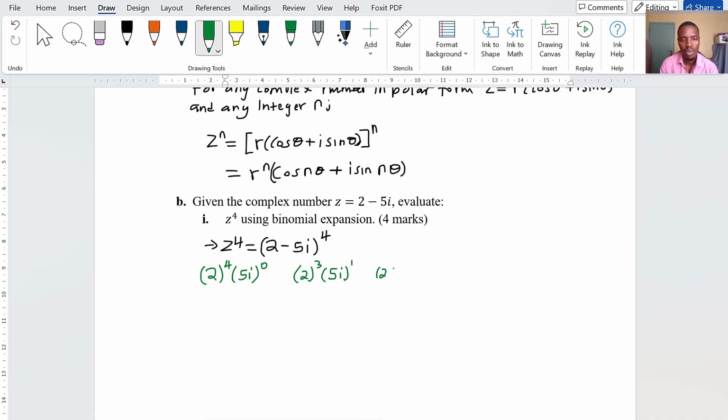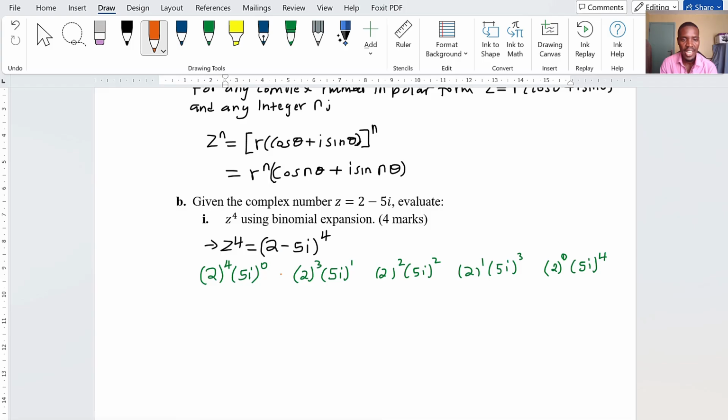Then 2 will go to power 2, while 5I will go to power 2. And then 2 will descend to power 1, while 5I will ascend to power 3. Finally, 2 will descend to power 0, while 5I will ascend to power 4. So when you add the powers, you get 4: 4 plus 0 is 4, 3 plus 1 is 4, 2 plus 2 is 4, 1 plus 3 is 4, and 0 plus 4 is 4.